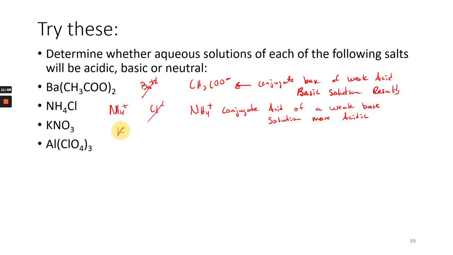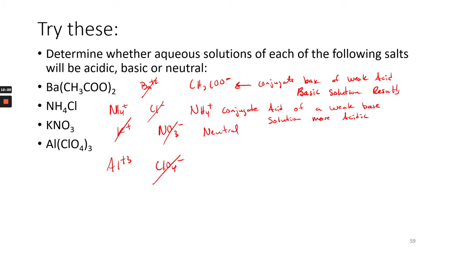Let's look at KNO3. K plus is a group 1 metal, so it has no effect. NO3 minus is the conjugate base of nitric acid, which is a strong acid, so here you will be neutral. Let's look at Al ClO4 minus. ClO4 minus is the conjugate base of a strong acid. It has no effect.